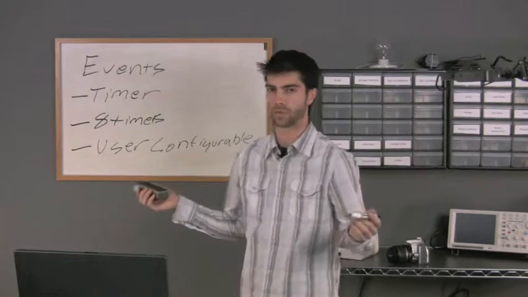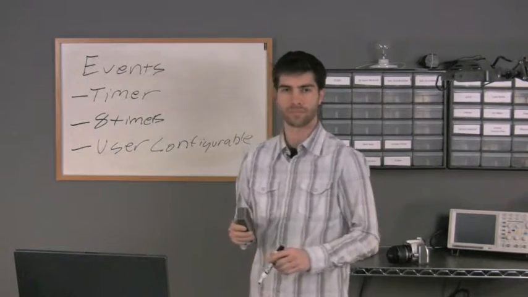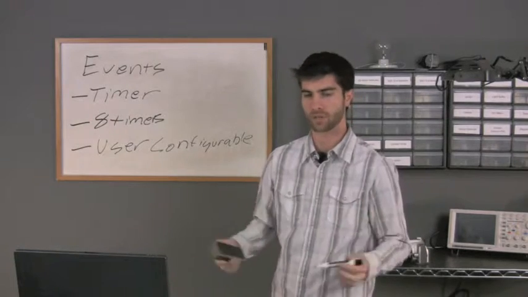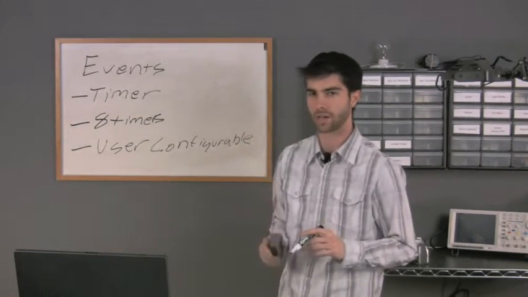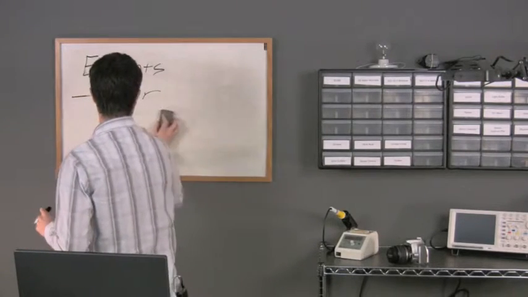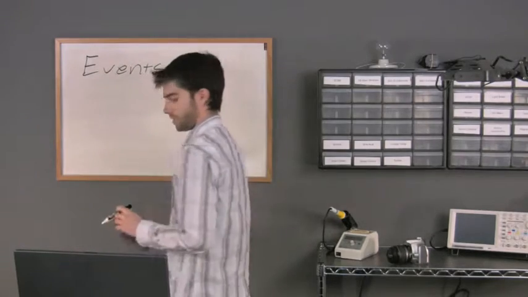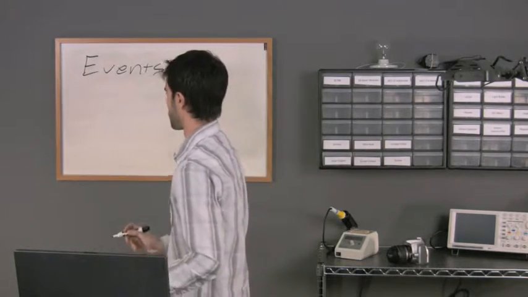You can have it control a relay directly. Like I said, you'll get a firmer grasp on that by the time we get through all of this. I just want to get it in your head for now. So that's timers. Okay, we won't spend a whole lot of time on that. I think you've kind of got an idea already of how those work.